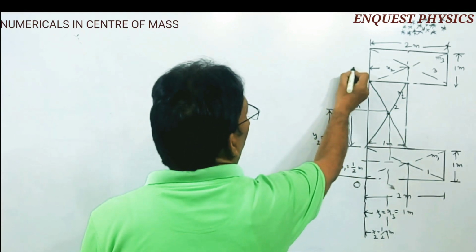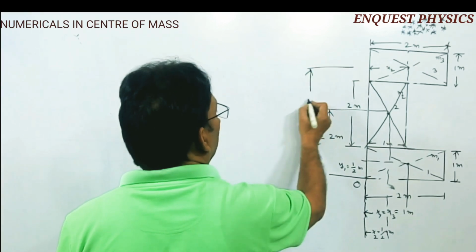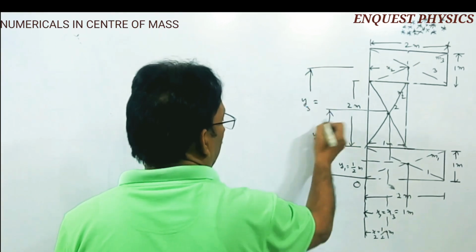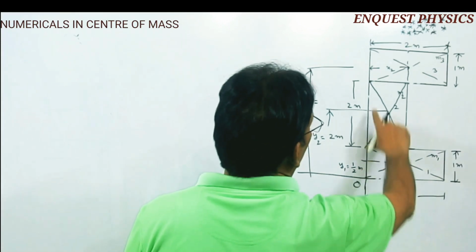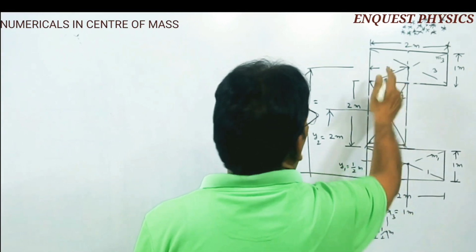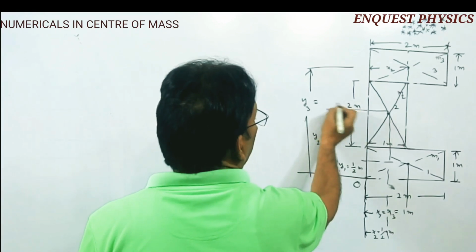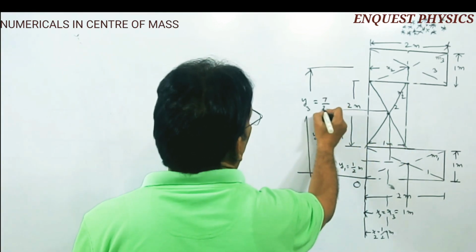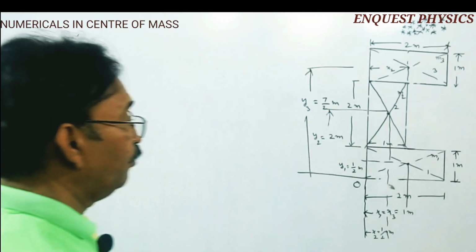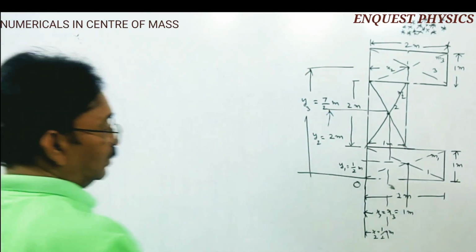And similarly we need to find the y3. It is 1 plus 2, 3 and a half. 3 and a half means what? 7 by 2 meter.